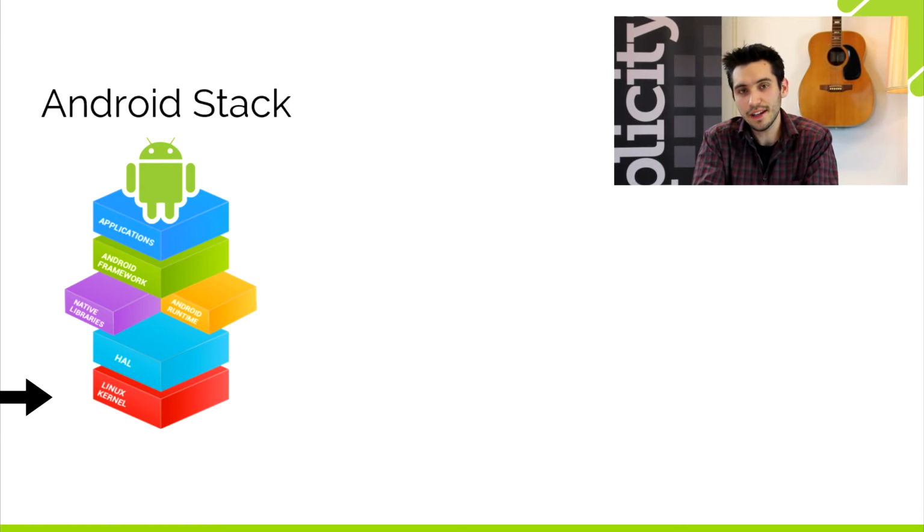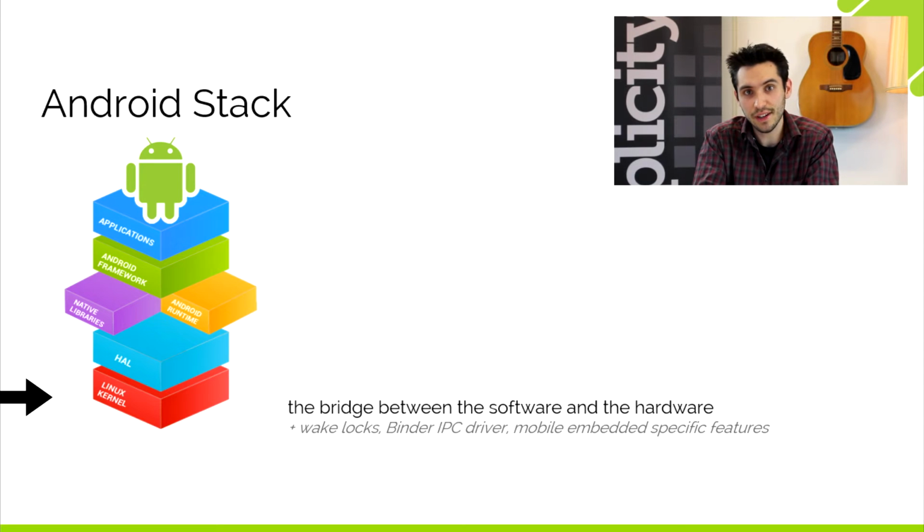Well, the kernel is the bridge between the hardware and the software. Anytime the software wants the hardware to do anything, it will send a signal to the kernel. And you see the communication is both ways.